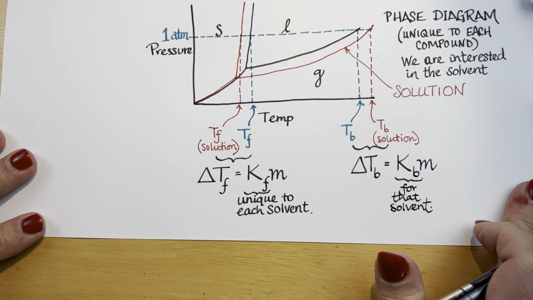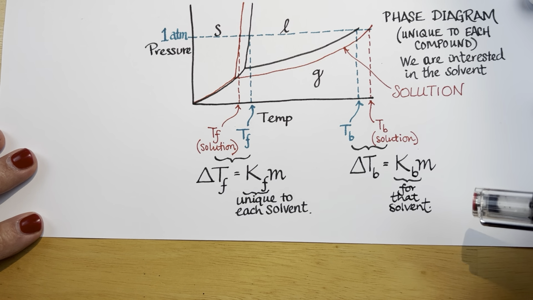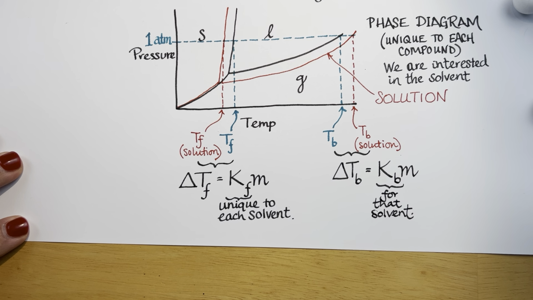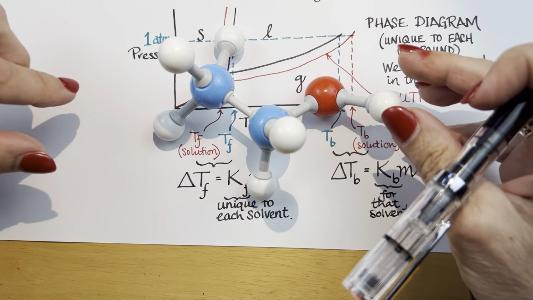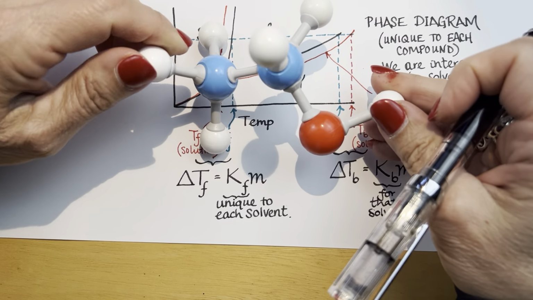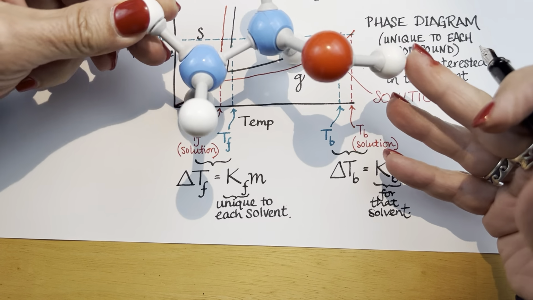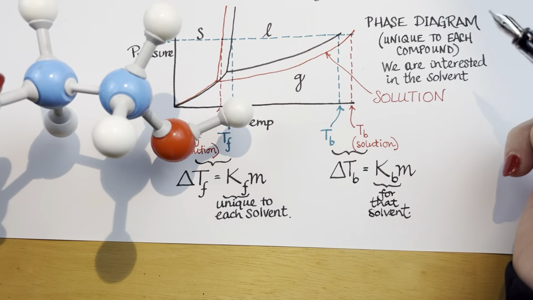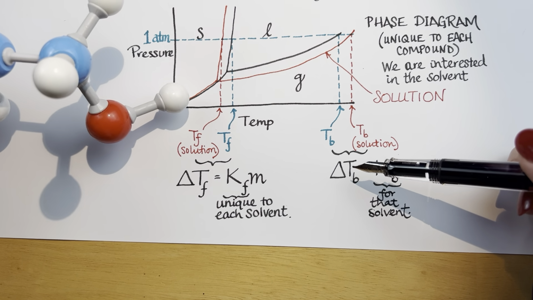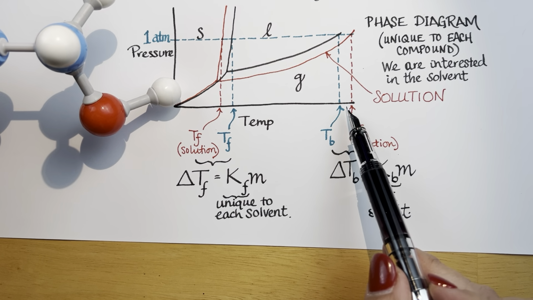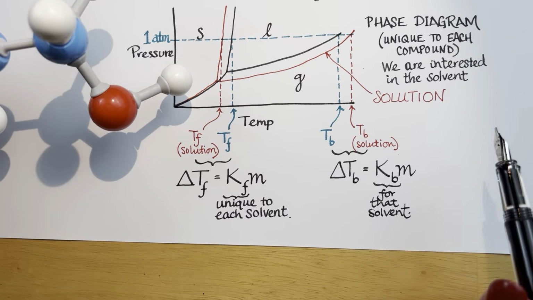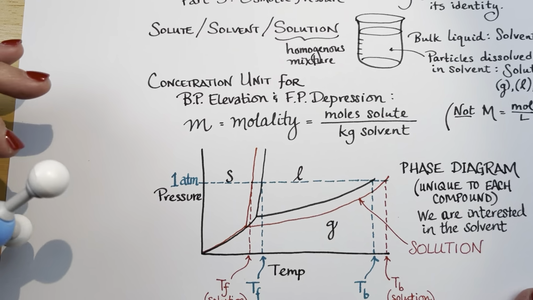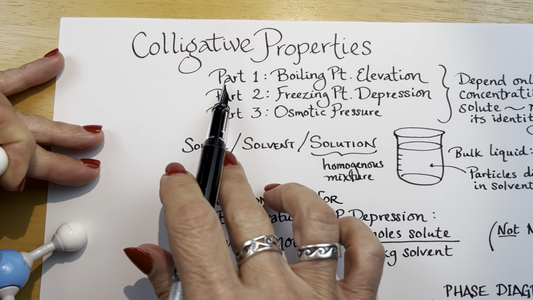So let's do an example so you can see how this works. Ahead of time, I thought, instead of water, let's make ethanol our liquid solvent that we're working with. We'll choose one of these. Boiling point elevation, I decided, would be part 1.